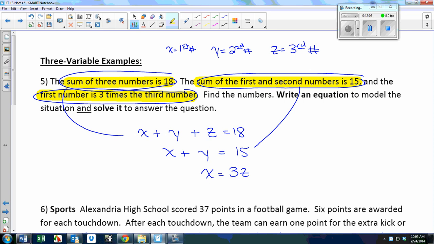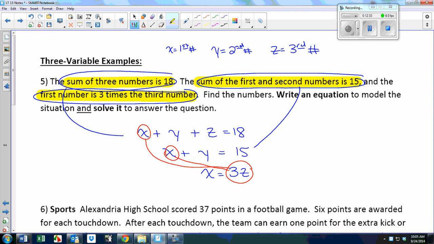You'd still need to solve them using what we did in the bell work earlier today, right? Now, I'm going to put a disclaimer out there. This is one of the very few examples of where I would actually use substitution in a problem that's 3 variables, 3 equations. And for this reason, if I take that 3z and I put it here, and I put it here, so I substitute it for x, what happens to the first equation?